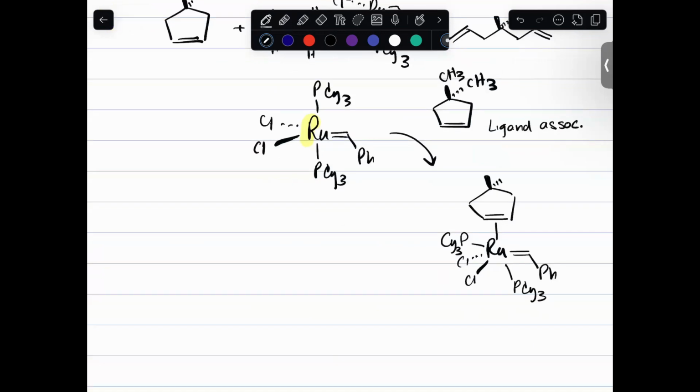Just like before, our second step is ligand dissociation. Our phosphine group pops off.